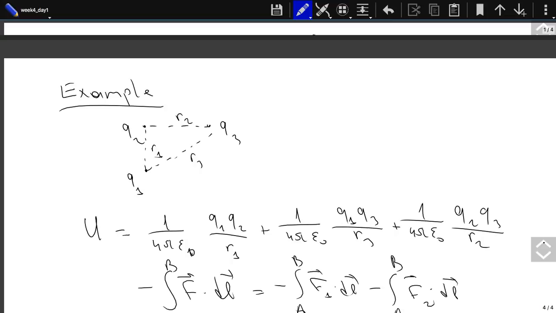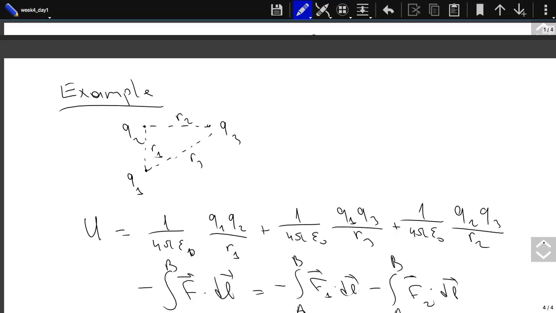So this is what I mean with a range. We define it as zero for R. Infinity is infinity, really infinite. In practical applications, if you consider the atom, 10 times the size of the atom is far away enough.